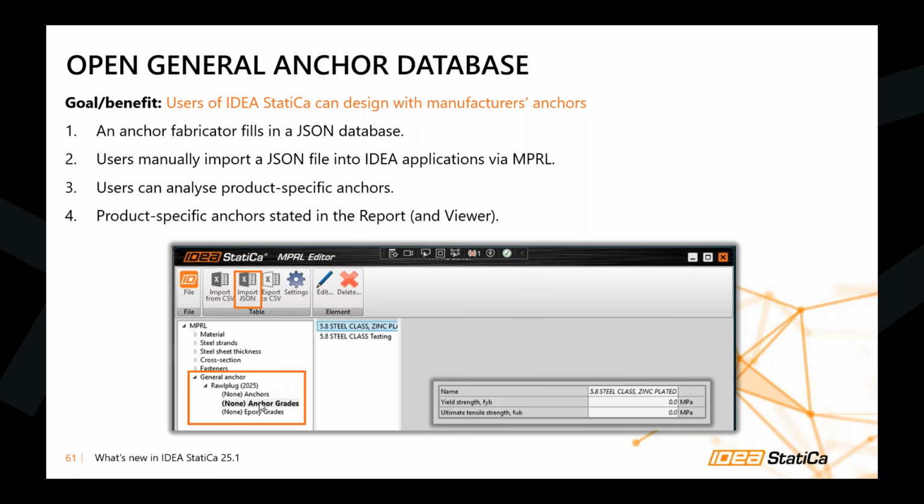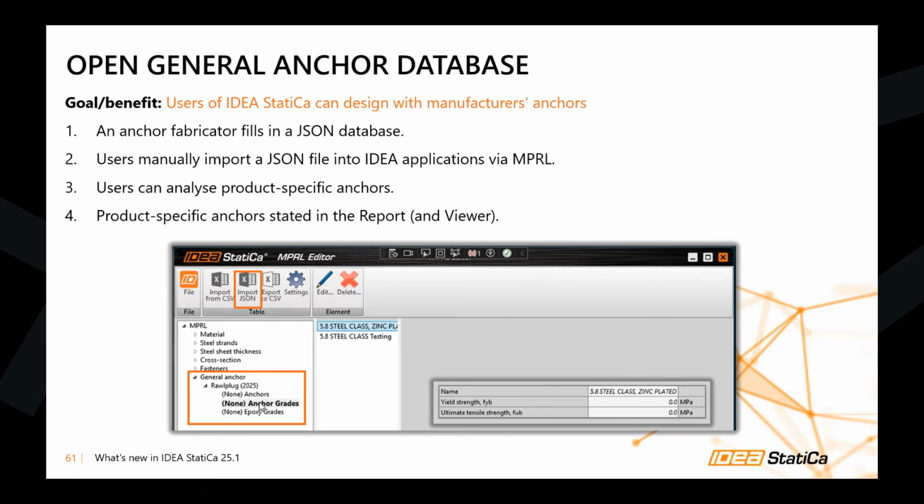Then as a user, you can take it, upload it into MPRL, have it in your library of materials, and then use it for your designs and code checks, obviously. It will also be stated in the report, and even in the viewer application if you share with others. So we are fully ready for that.